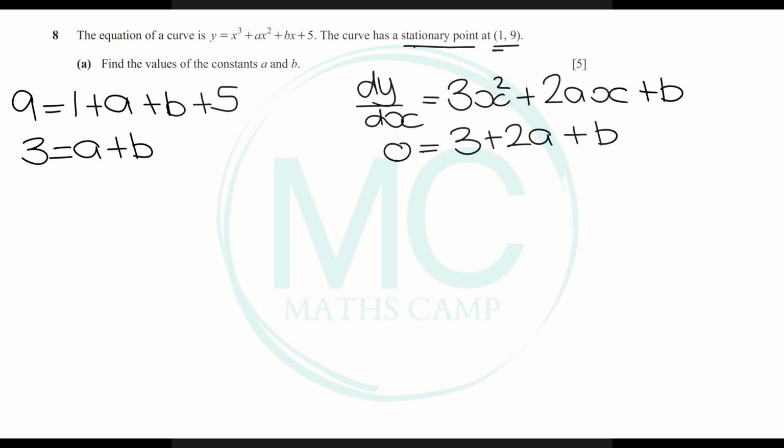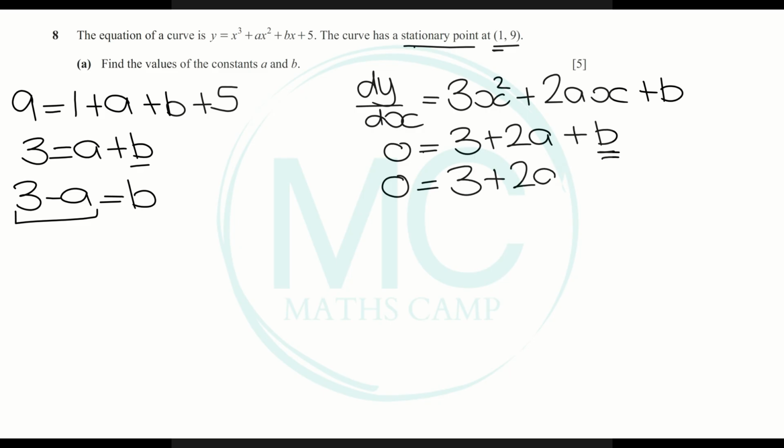In both equations, b does not have a coefficient. So on the left, let's make it the subject. And I can say 3 minus a is equal to b. Now I can substitute 3 minus a into this value over here. And I have 0 is equal to 3 plus 2a plus 3 minus a. 0 is equal to 3 plus 3, which is 6. 2a minus a gives me positive a.